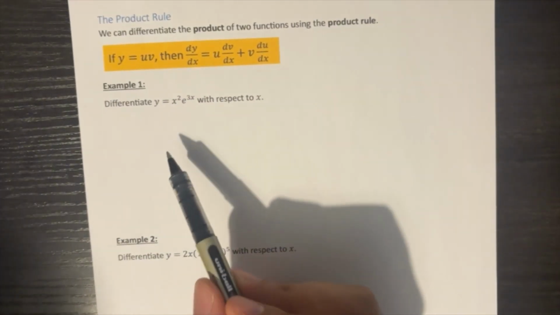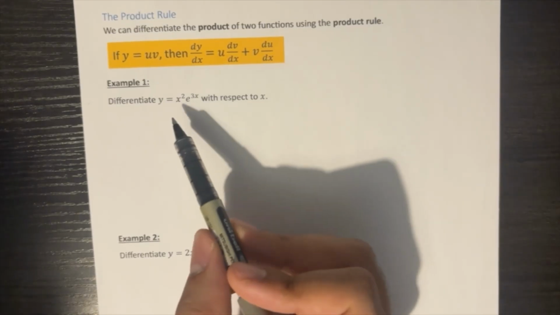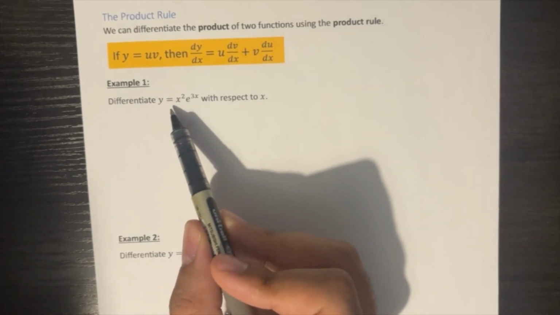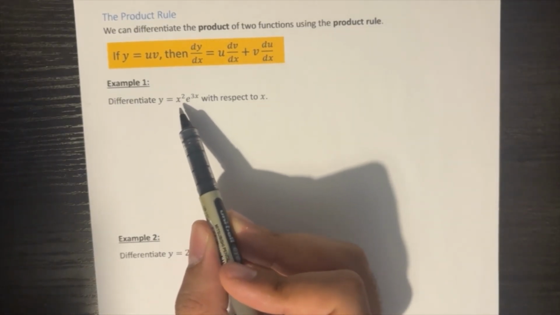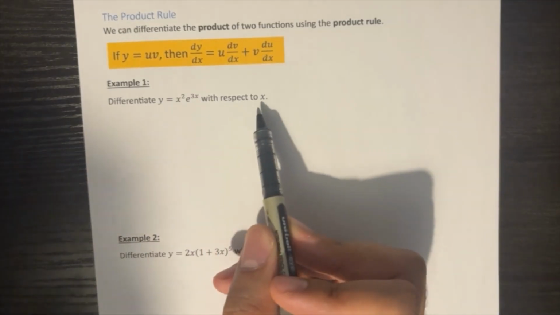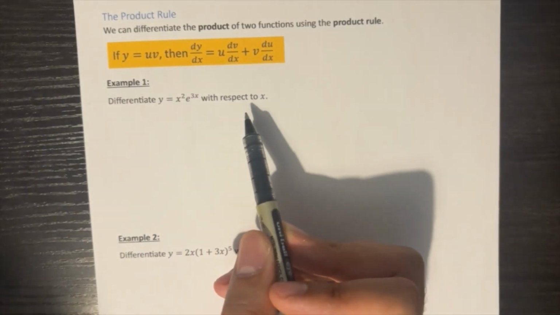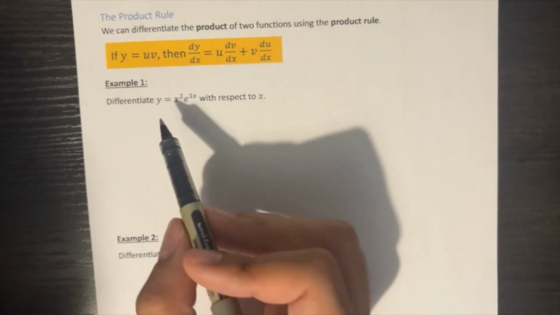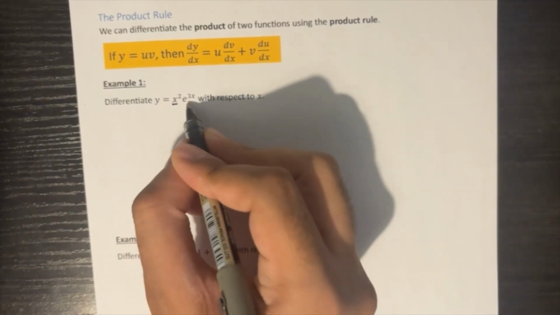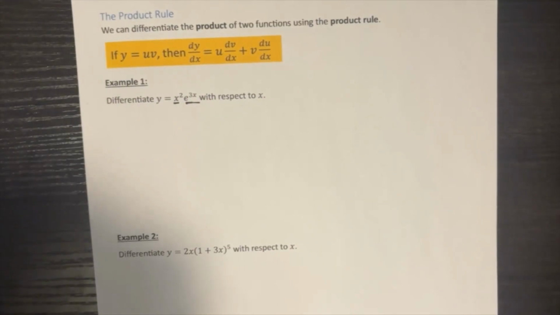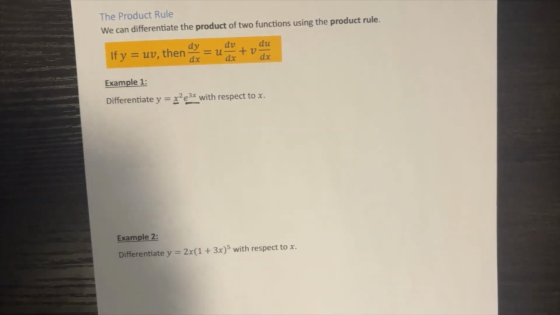So looking through our first example here, we're being asked to differentiate y equals x squared e to the 3x with respect to x. And we can spot that we need the product rule because we have x squared and e to the 3x, two separate functions just being multiplied together.